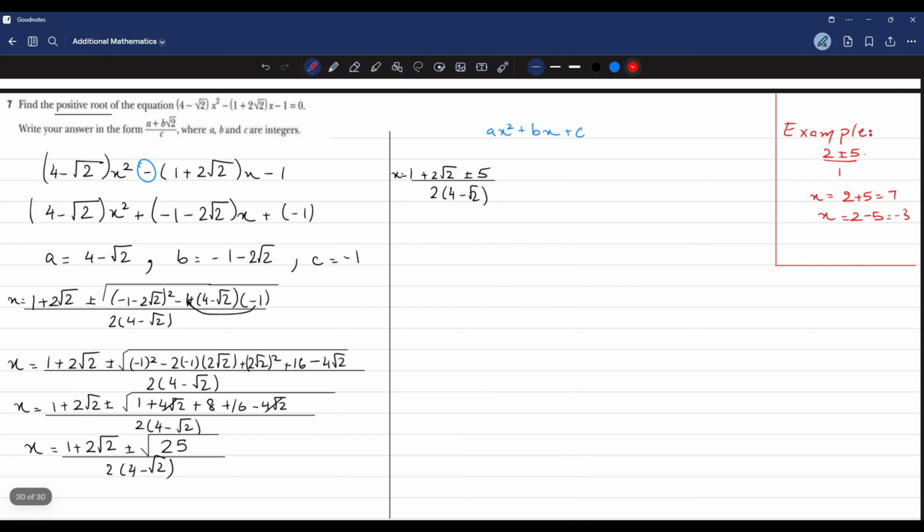Now, how did I know which of these is going to get a negative root? Well, the subtraction one, because only when we subtract something are we going to get a negative thing. That's basic sense. So that's basically what we're going to do. We are ignoring the negative criteria. So we are only going to take the positive root.